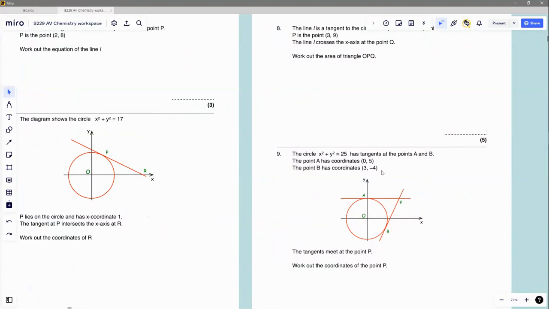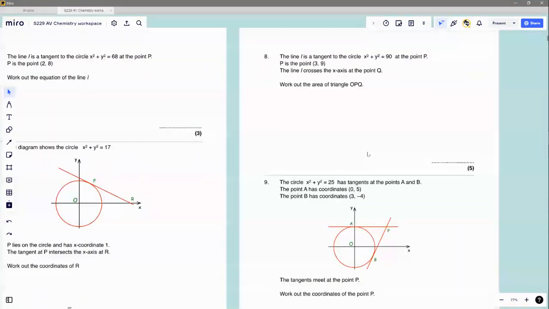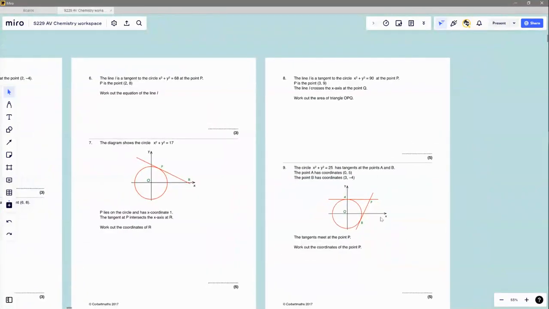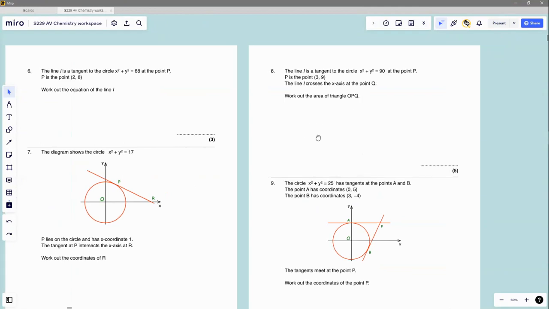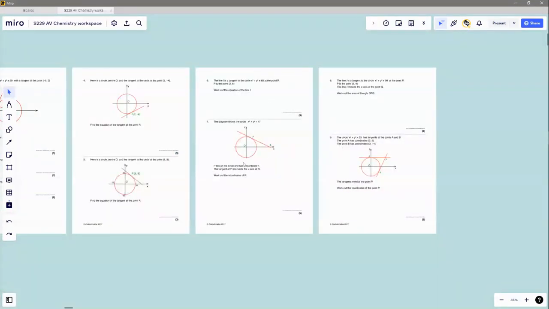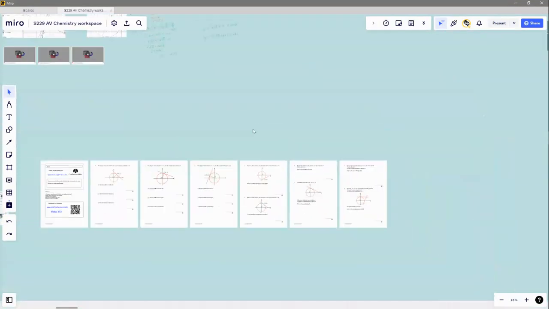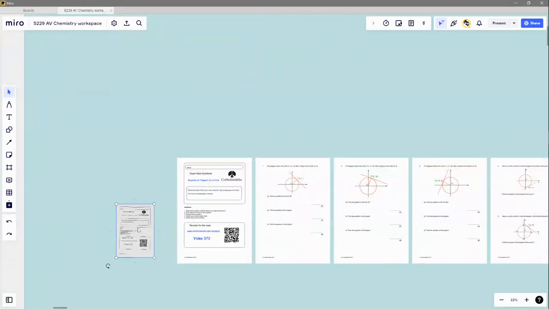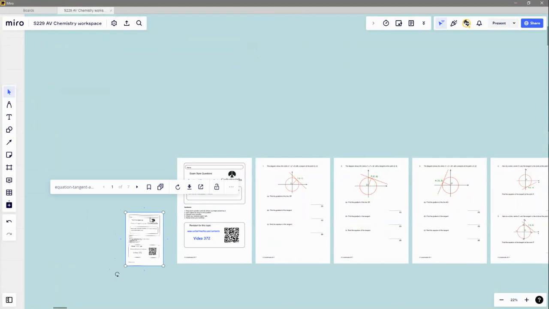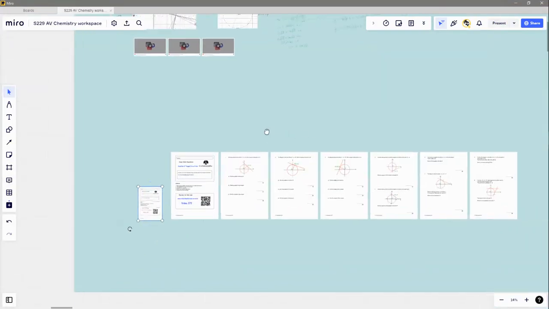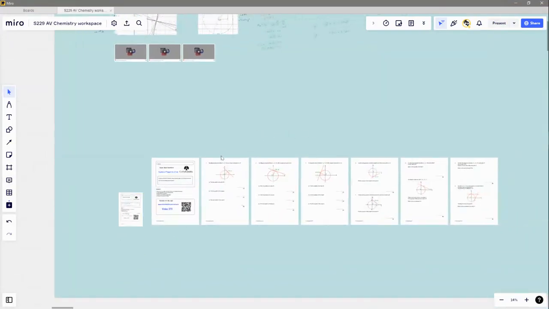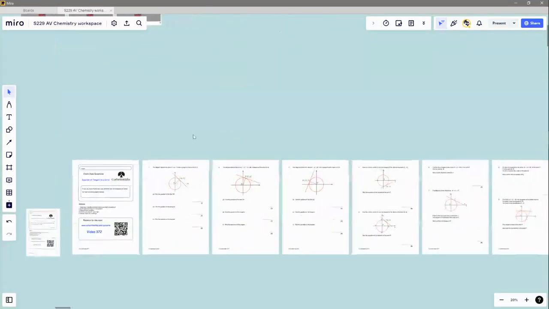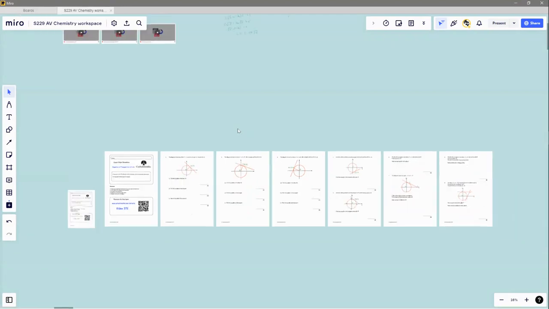Question 9 looks a bit trickier, but then you've got the areas. If you can do what we've just done there, you should be able to do all those questions, and the answers are there. But if you do get stuck on any of these questions, just send me a message, and I can make a short video on how to do any particular question that you've got, or any other question for that matter.